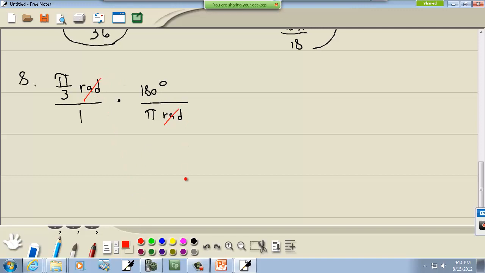Well, the radians cancel. And of course that 1 doesn't do anything, so I'm going to go ahead and drop it. So we got pi over 3 times 180 degrees over pi. The pi's also cancel. And we got 180 degrees over 3, which gives us 60 degrees as our answer.